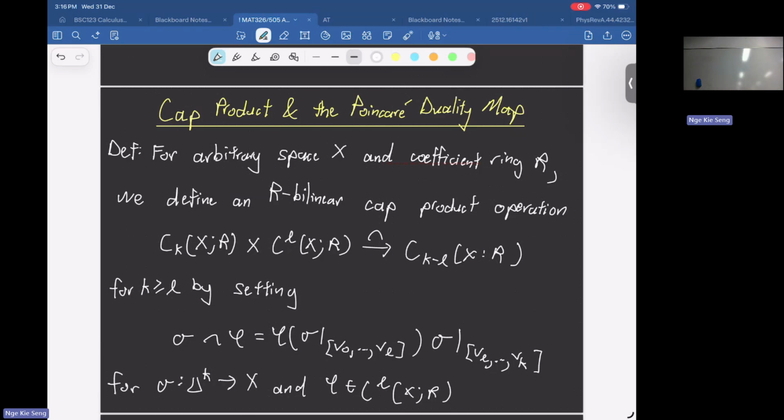We need to check that this induces maps on homology and cohomology, such that we can get homology cross cohomology to homology. Make sense? Can you imagine how we're going to use this to show the isomorphism? Just now we have i and n minus i, right? So here we've got k and k minus l.